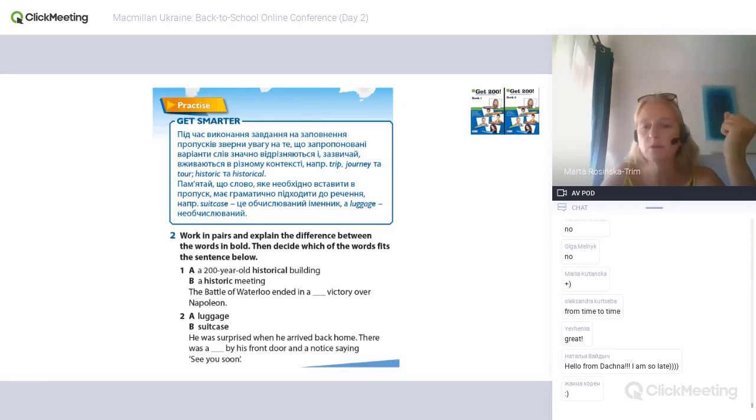I also want the students to realize that there will be a lot of work, as you can see here, on those confusing words. They're also confusing very often for native speakers, like historic and historical. Yes, again, this is both word formation, but also may appear, for example, in a multiple choice task, the choice between historic, historical, and something else, and history.